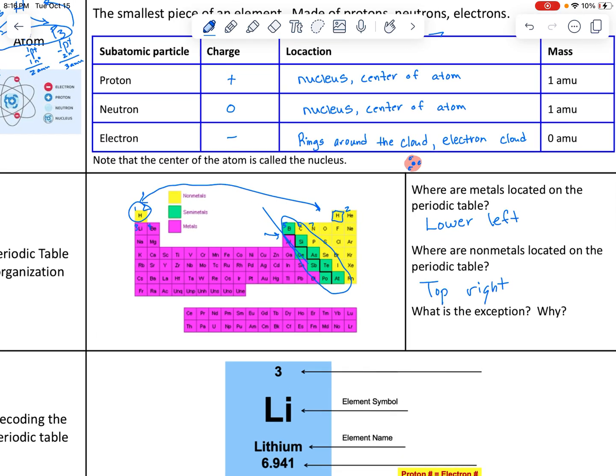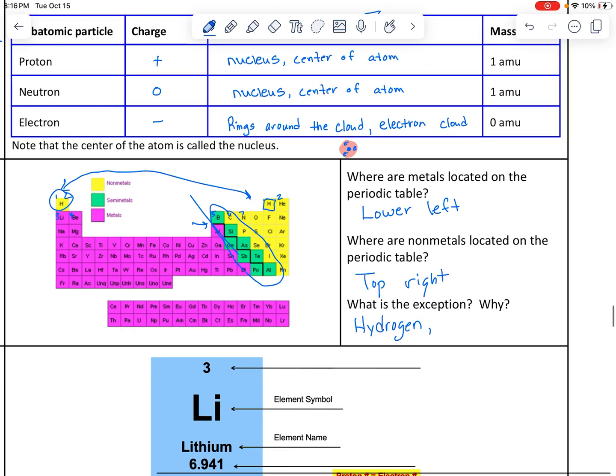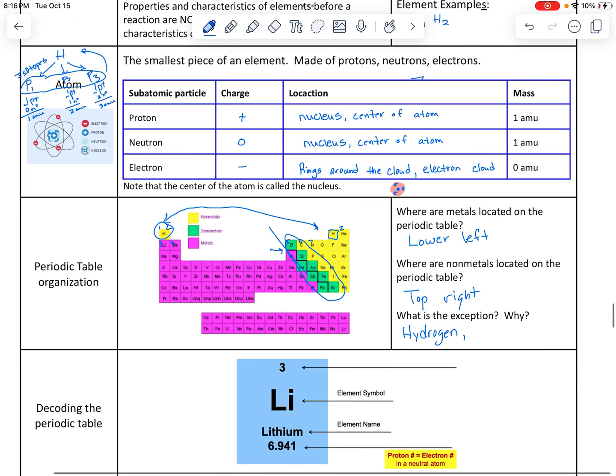What is the exception? The exception are those metalloids. Oh, actually, maybe the exception, I think we're talking about here is hydrogen, even though I told you I wasn't really going to get into that. It's the reason it's an exception.